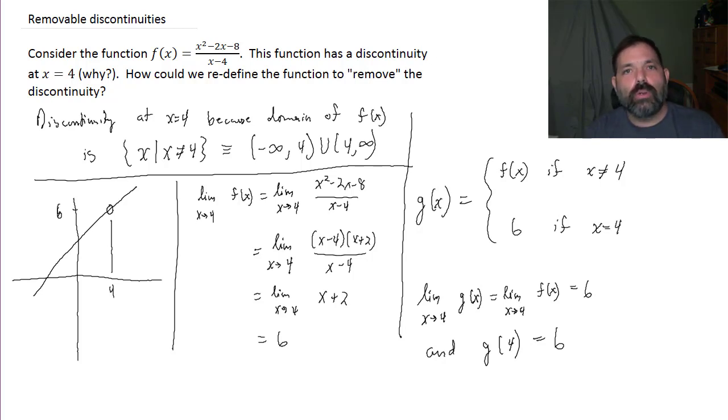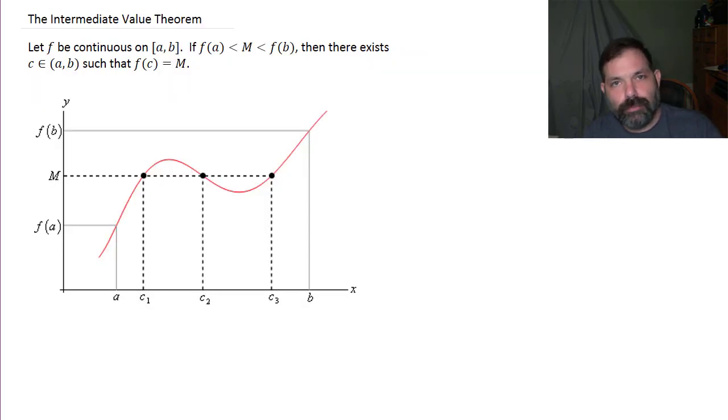One important result of continuity is what's called the intermediate value theorem.